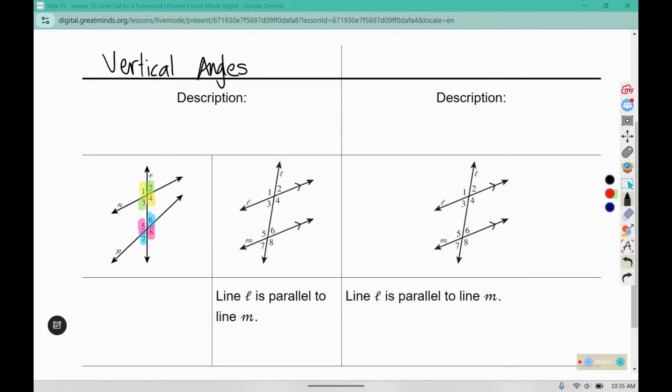Vertical angles are created when two lines intersect.